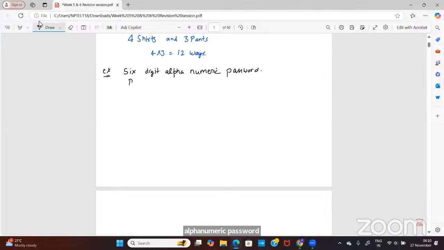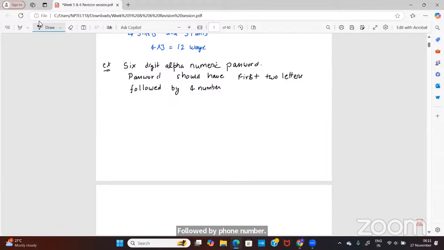Okay, and the password should have first two letters, followed by four numbers. Okay, now there are two conditions. The first is when repetition is allowed, and the second is when repetition is not allowed.